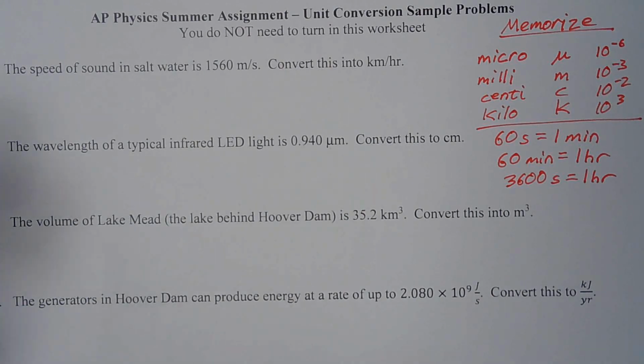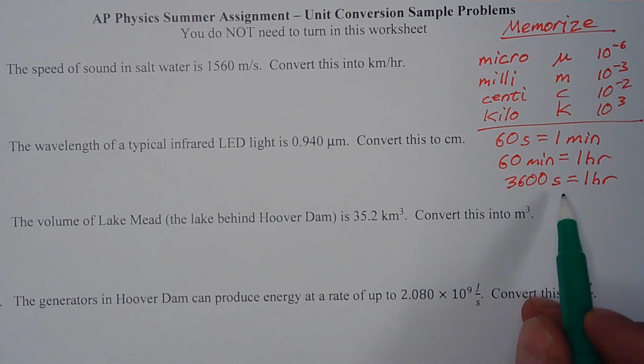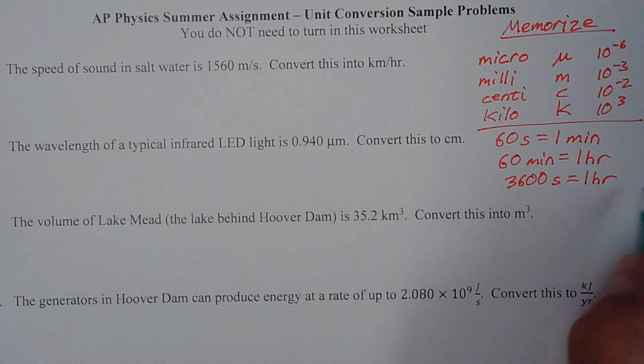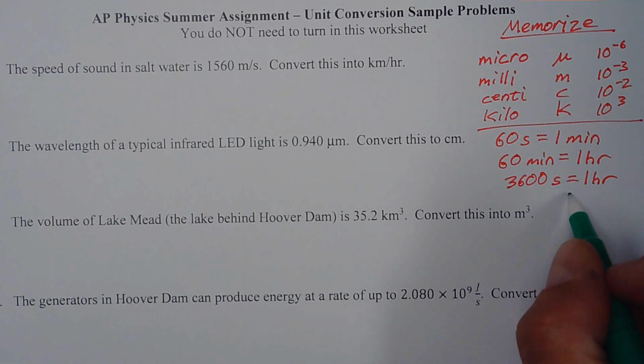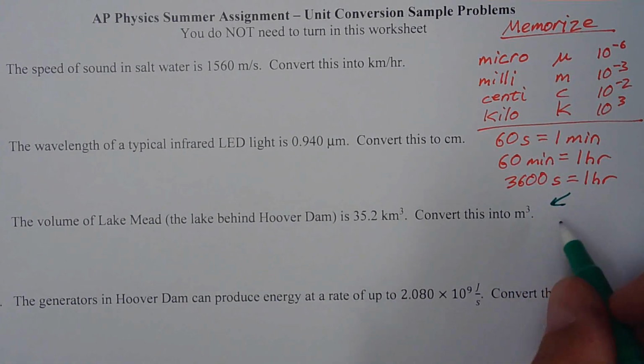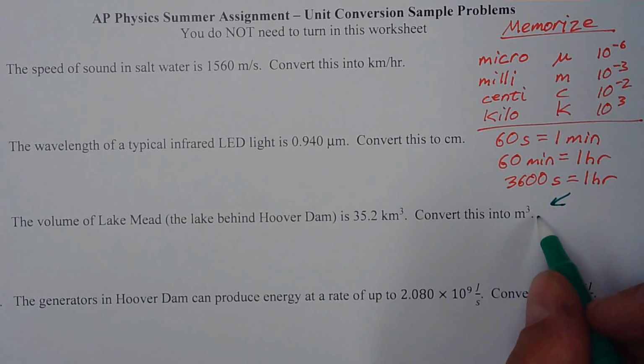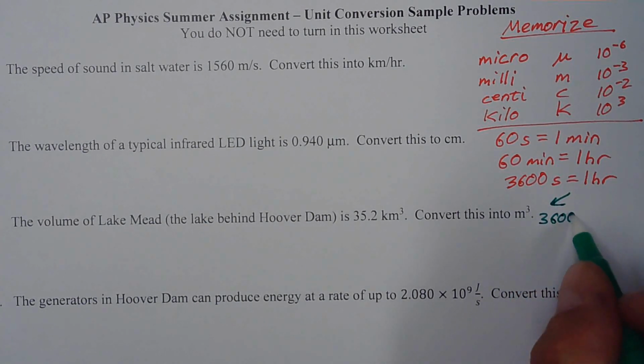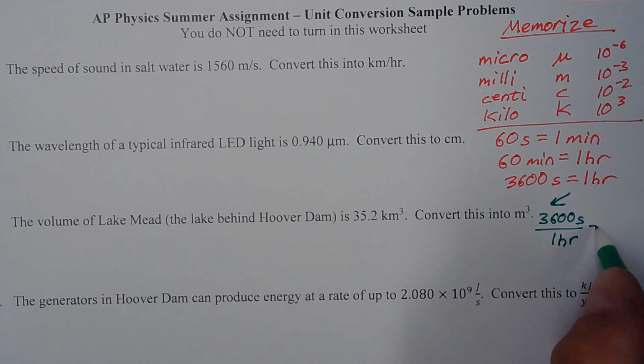So looking at 3,600 seconds is equal to 1 hour, we can divide both sides by 1 hour, and then this equation becomes 3,600 seconds over 1 hour equals 1, a unitless 1.